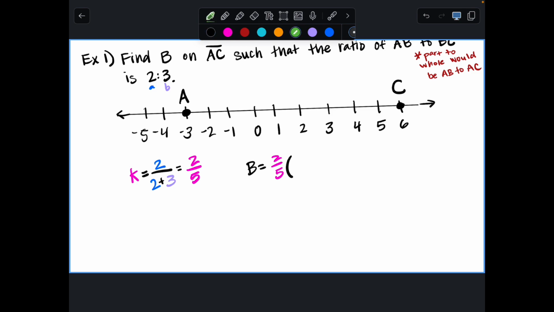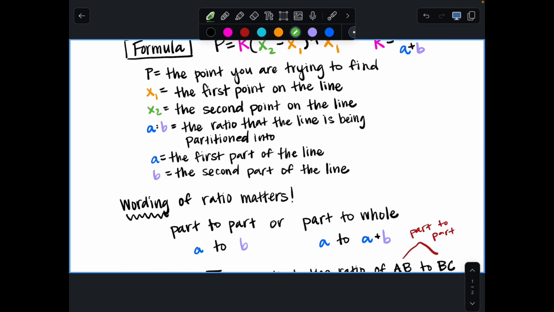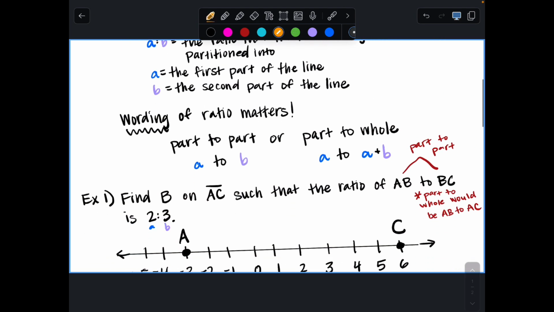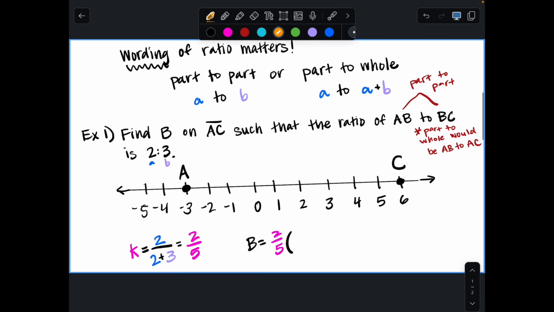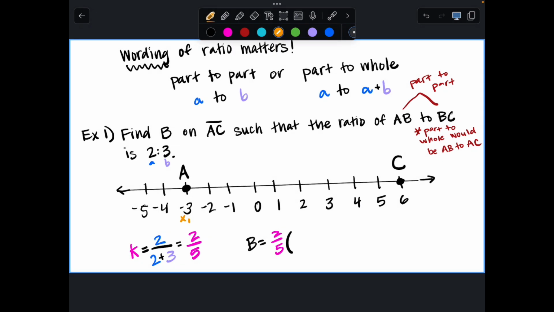Now let's figure out what x1 and x2 are. So back up here, x1 is the first point on the line, so that's going to be this one, -3. That's our x1. x2 is the second point. So we're going to subtract those: 6 minus -3.